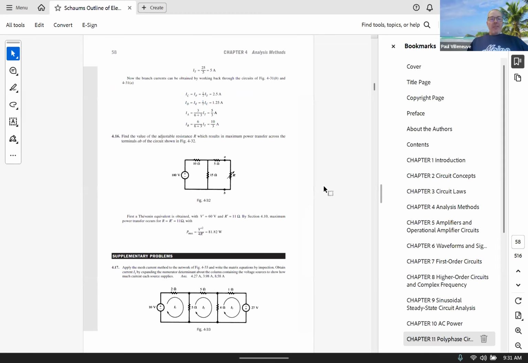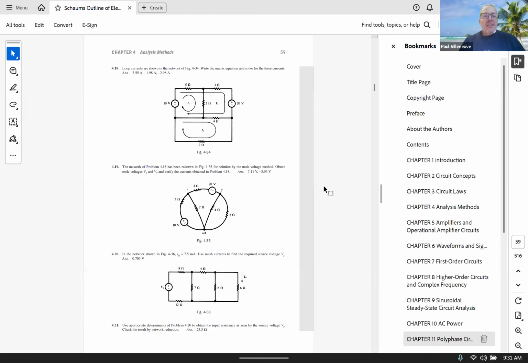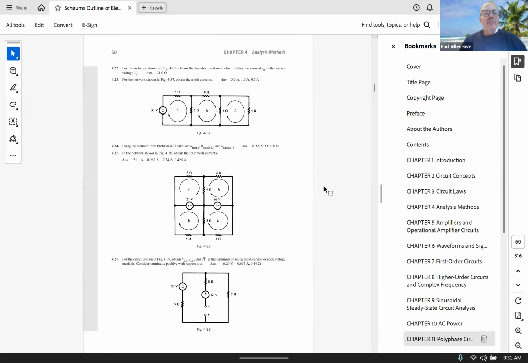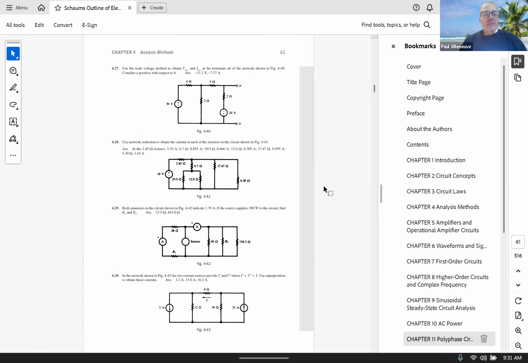I don't know if I want to do that one. Want to do number 440? I think it will be that one's going to be a source and one's going to be a load. I'm not certain of that, but I think that's the case. I'm going to try that one.